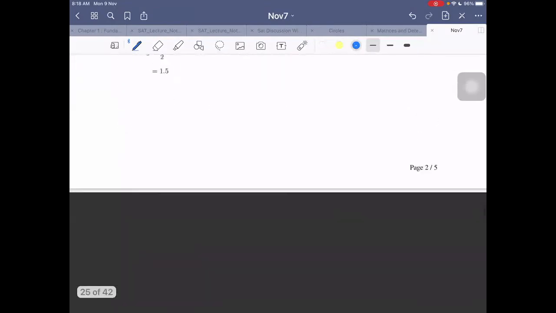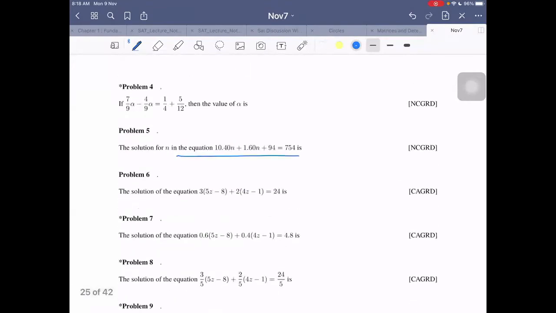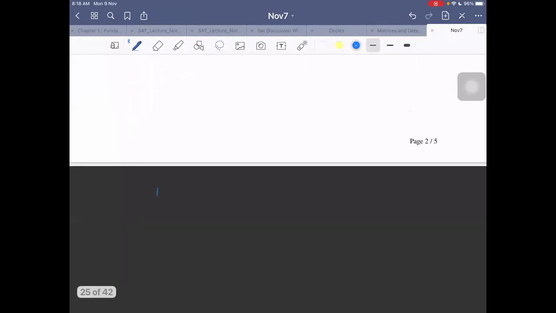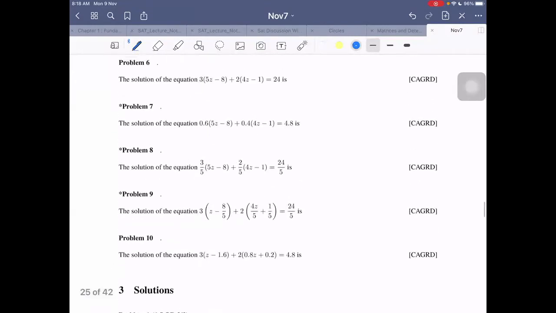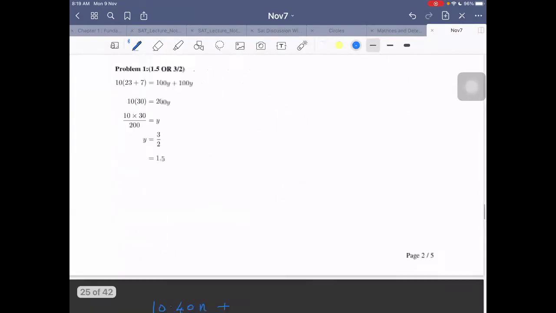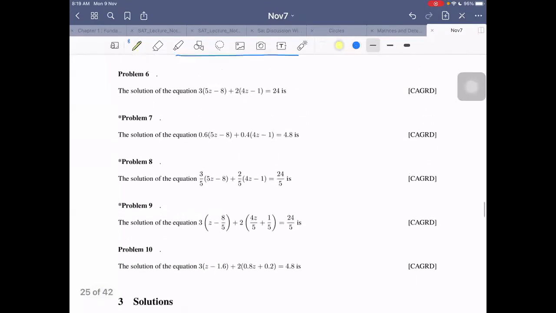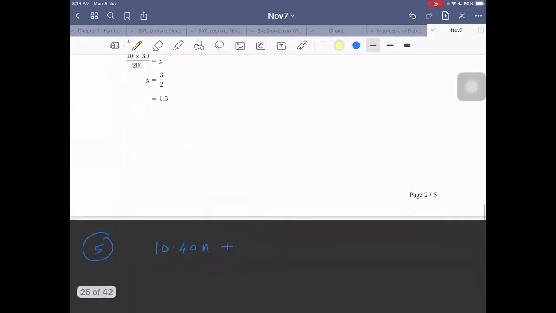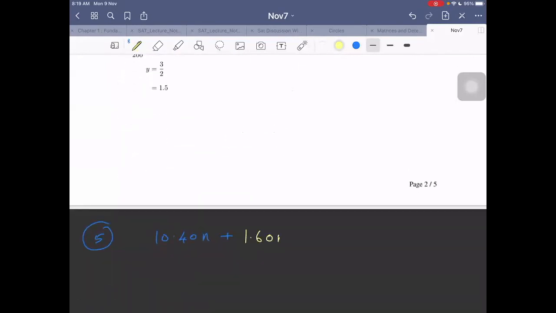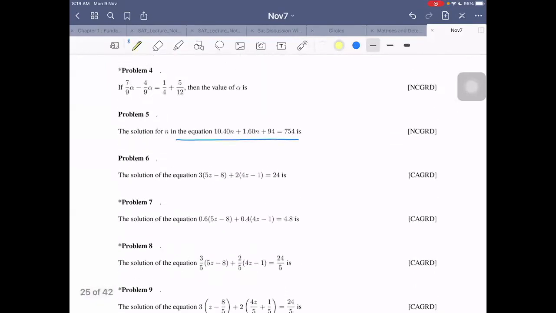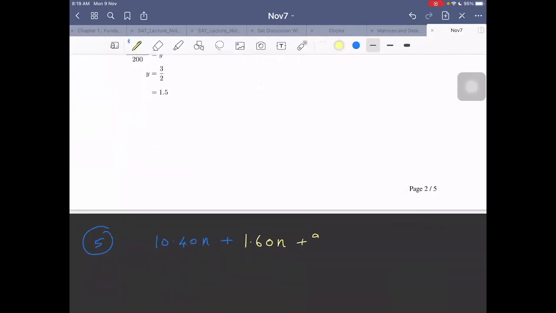Again, we have 10.40n plus 1.60n plus 94 is equal to 754.